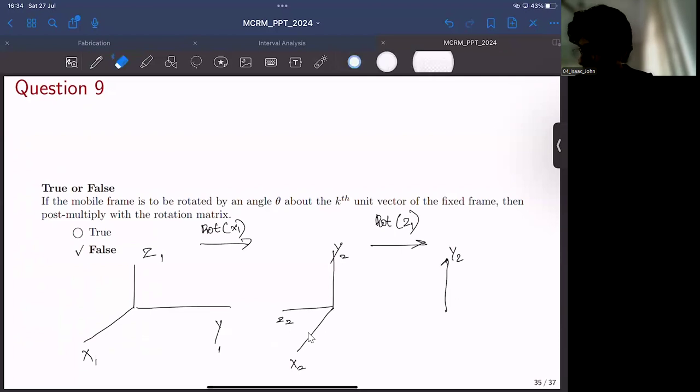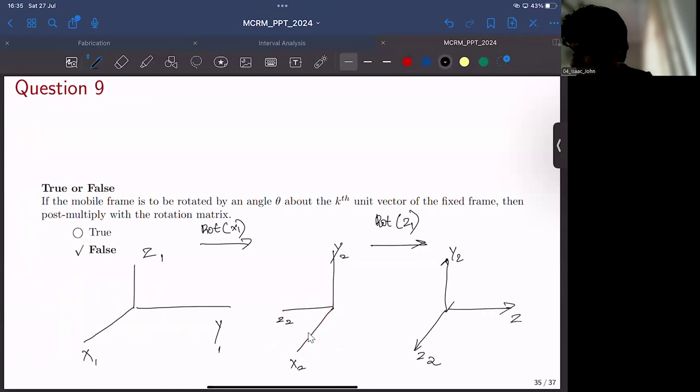If you are rotating with respect to the positive Z1 axis like this, Y2 would be like this. This would come here, so Z2 will be like this. And X2 will rotate from here to here.